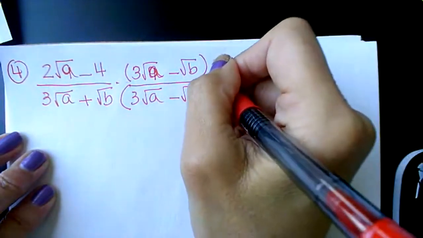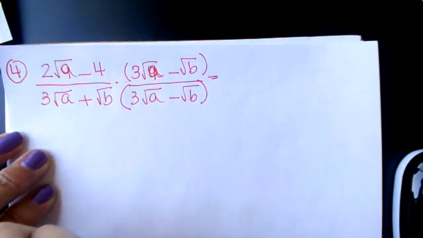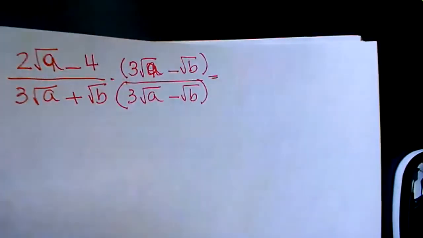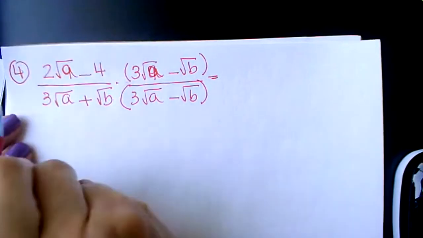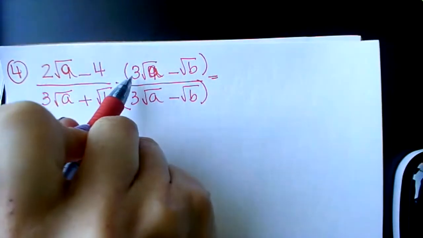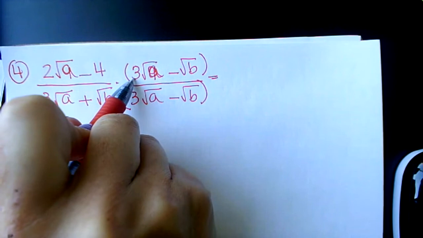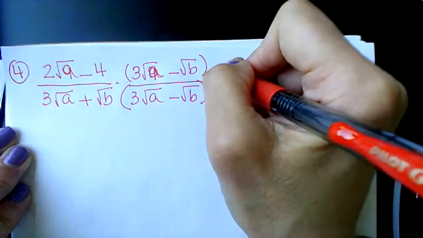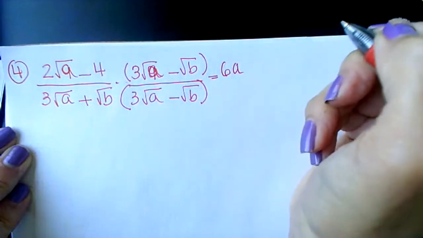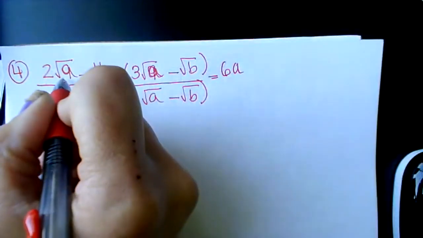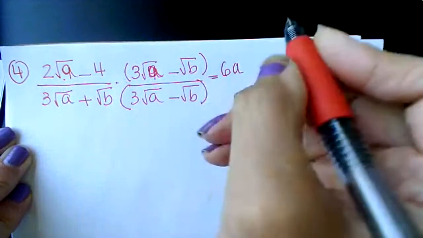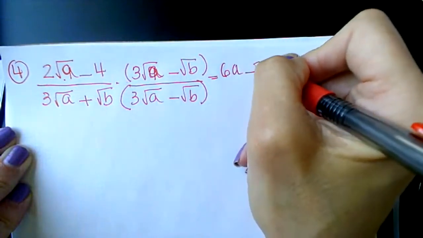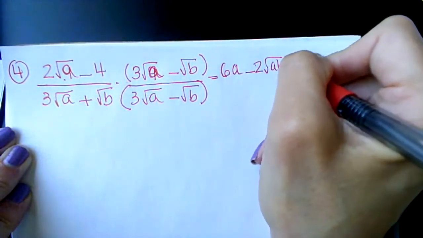So let's multiply this. So what do we have here? 3 times 2 will be 6, right? And A squared is going to be 6A. Now, if I multiply this one times this one, will be negative 2 square root of AB.